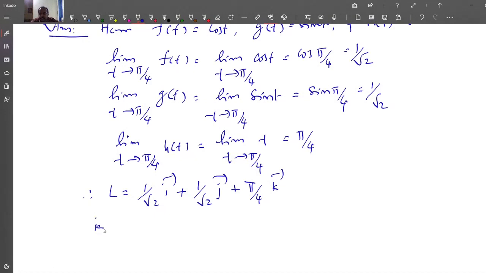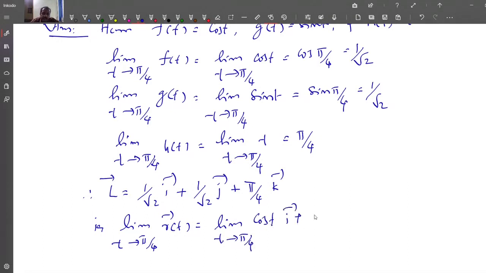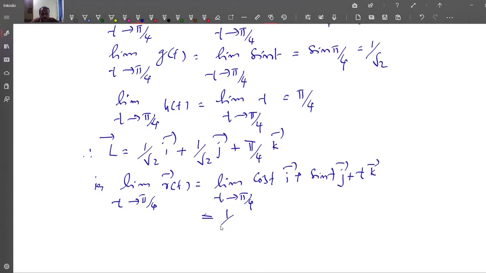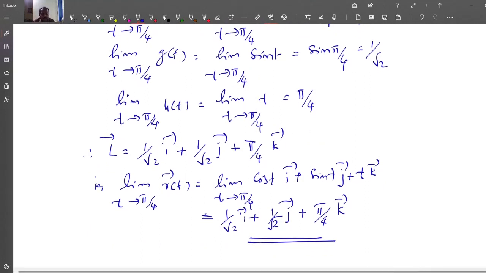That is, limit as t tends to π/4 of r(t), which is the limit of cos t i + sin t j + t k, is equal to 1/√2 i + 1/√2 j + π/4 k. So this is how we evaluate the limit of vector functions.